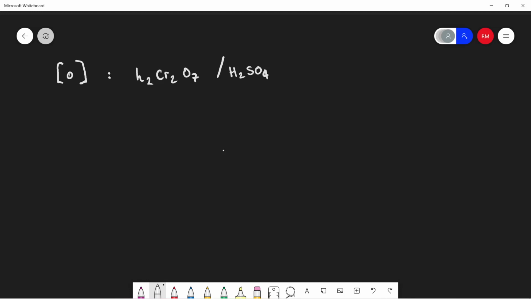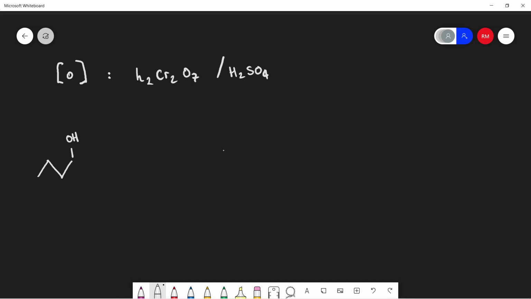So there are 3 different reactions. Two of them we'll talk about now. We'll consider the compound butanol, and the reaction conditions in order to turn this butanol into an aldehyde are gentle heating, distilling, and using an oxidizing agent.